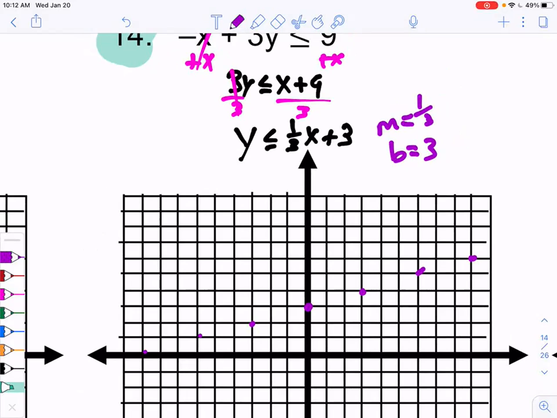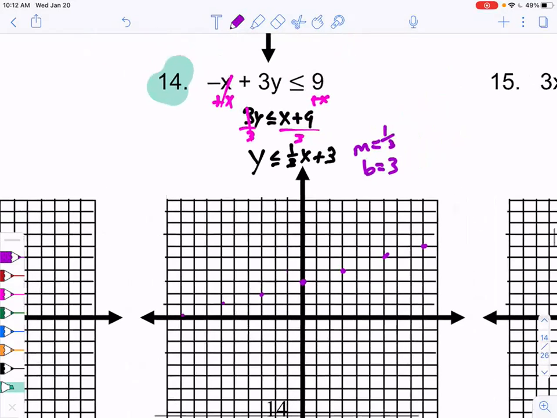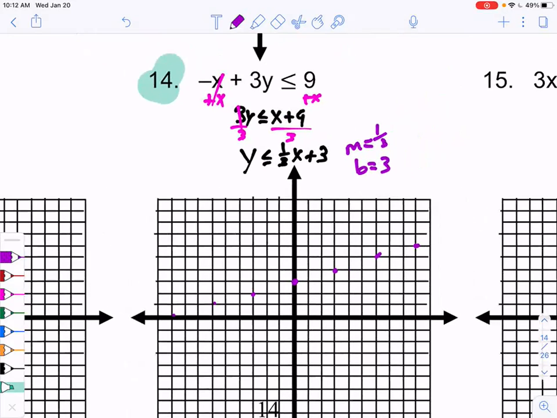Is it going to be a solid or dotted line, Dan, or Chase? Solid, good, because there's a line underneath that shows equal to, so we draw a solid line. So you draw your solid line through.